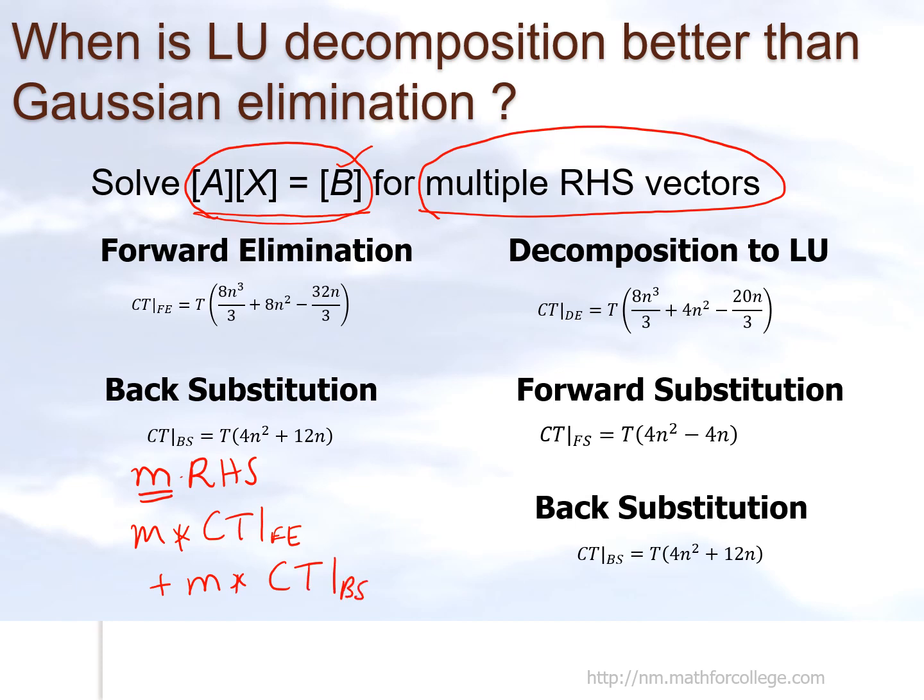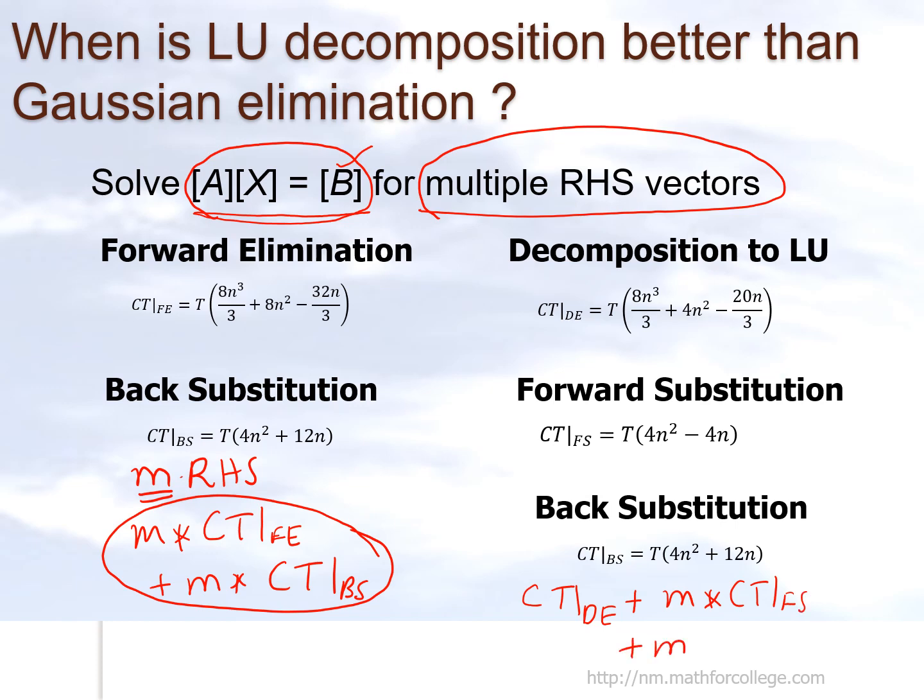How much time is it going to take using the LU decomposition method? I'll do the decomposition, but then I'll have to do the forward substitution m times because my right hand side vector is changing, and I'll also have to do the back substitution m times.